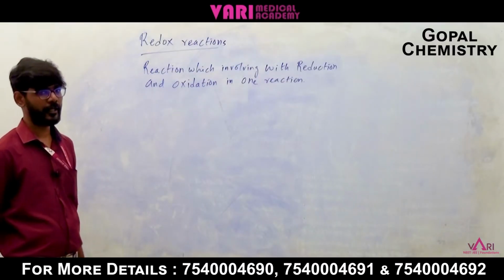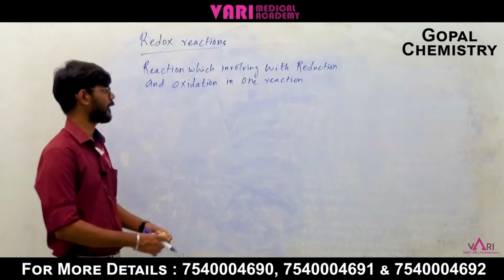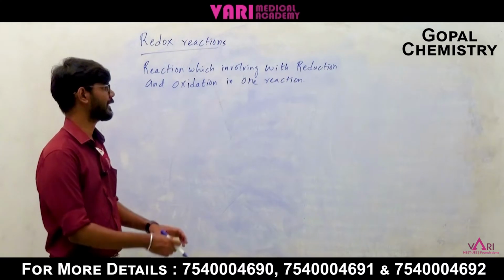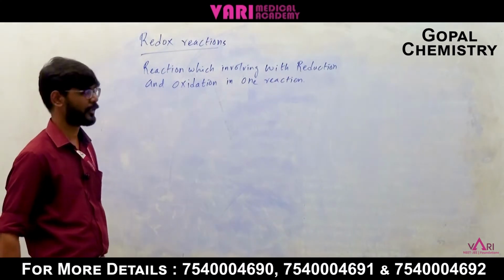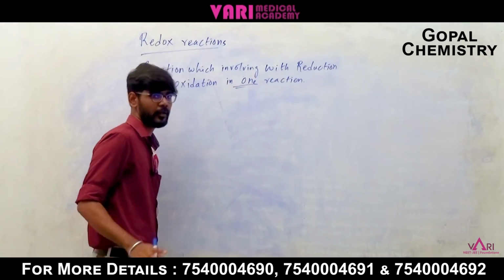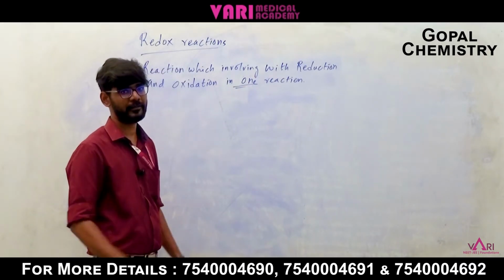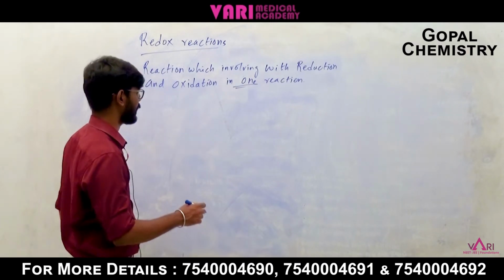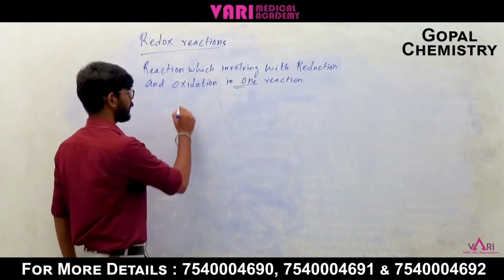So redox reactions. Redox reactions are nothing but reactions involving reduction and oxidation in one reaction. So it has to be in only one reaction. There must be one reaction where we can say reduction is also taking place and oxidation is also taking place. Okay, what is meant by reduction?